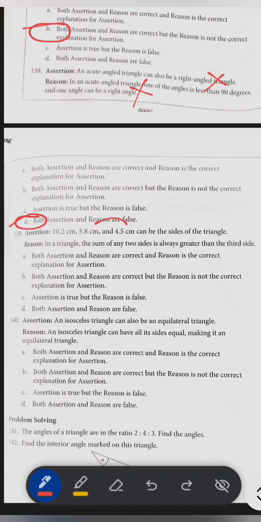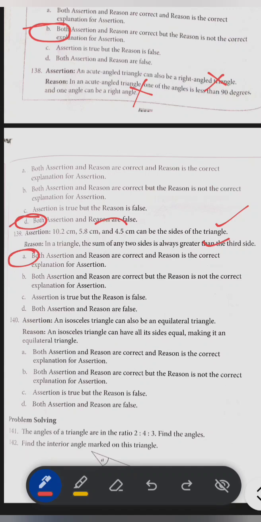In a triangle the sum of any two sides is always greater than the third side. Yes, so the assertion is true and the reason is the correct explanation of assertion. So option A.